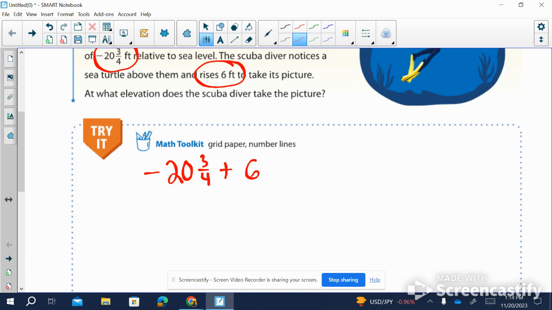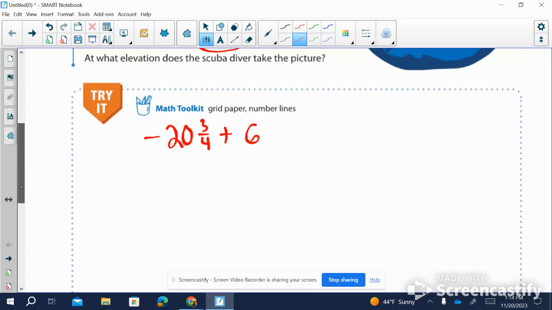I'm noticing that one of my numbers is a negative and one of mine is a positive. So the rules that we were doing with integers is if they are opposite signs, we're actually going to subtract. And if they're the same signs, we're going to take their absolute value, add them up, and keep the sign, whether it's both positive, so it'll stay positive, or if they're both negative, it would stay negative.